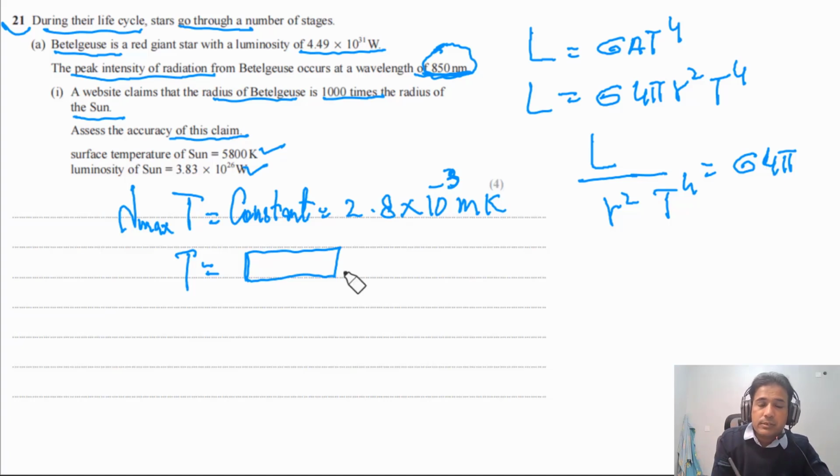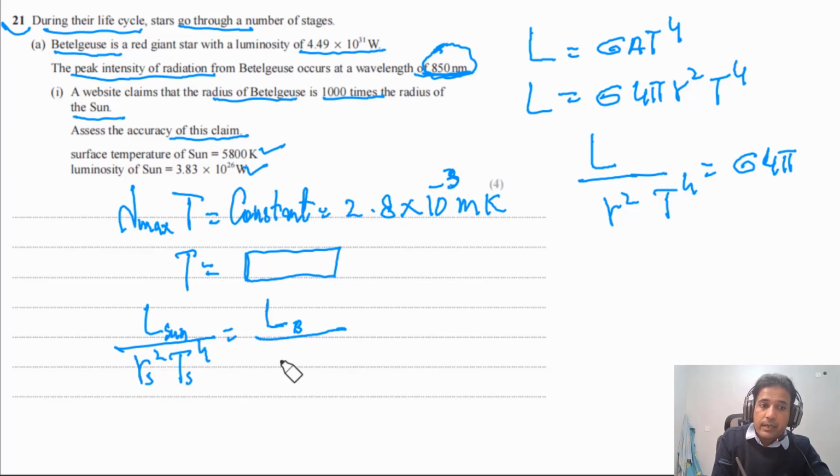So simply in this case we can say L of the Sun divided by R for the Sun squared and the surface temperature of the Sun to the power of 4, this has to be equal to the luminosity of Betelgeuse over the radius of Betelgeuse squared and the surface temperature of Betelgeuse to the power of 4.